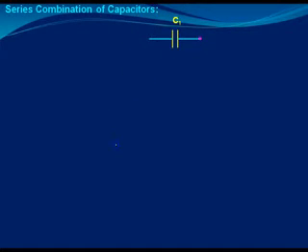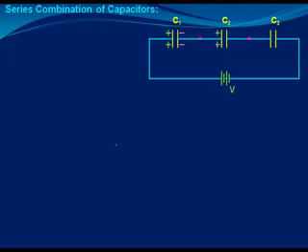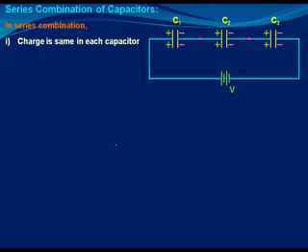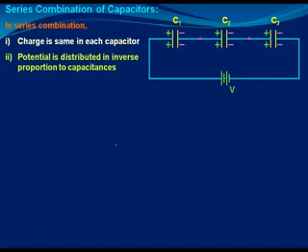Okay, so there are three capacitors C1, C2, C3 connected to a supply, and as we know the charge will always be the same because it is a series combination, and of course the potential difference is different.